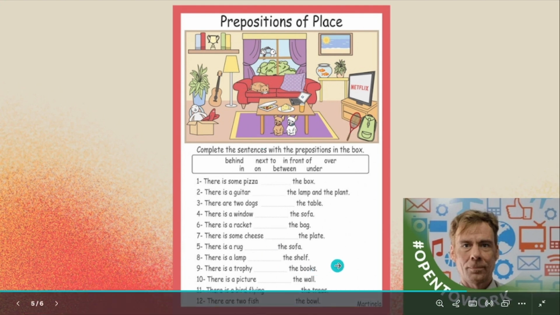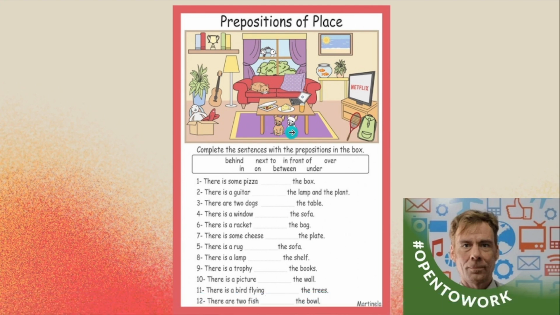The rug is in front of the sofa. There is a lamp, the shelf. All right, where is the lamp? The lamp is right here. The lamp is under the shelf.